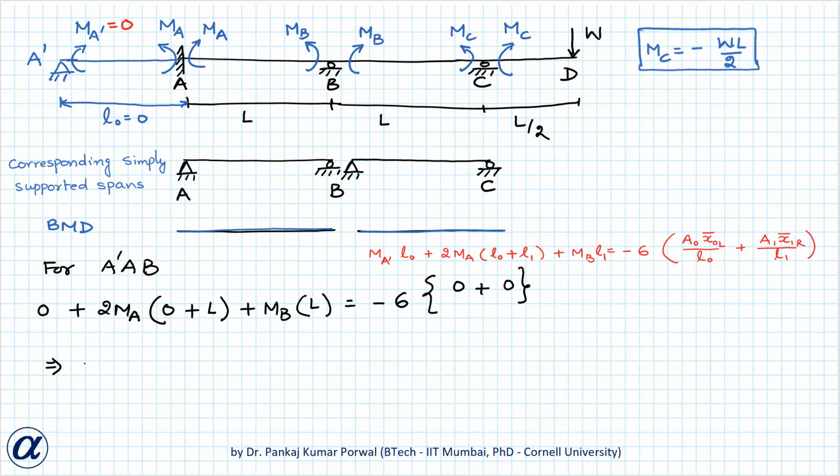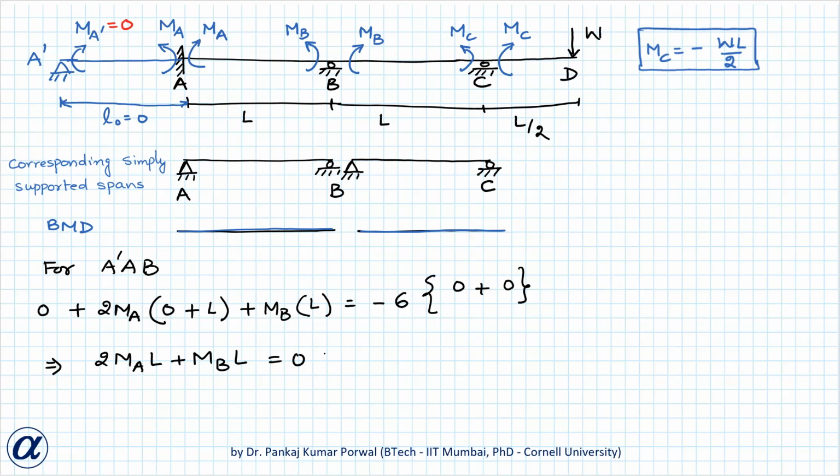So this gives me 2MAL plus MBL equals to 0, or 2MA plus MB equals to 0.